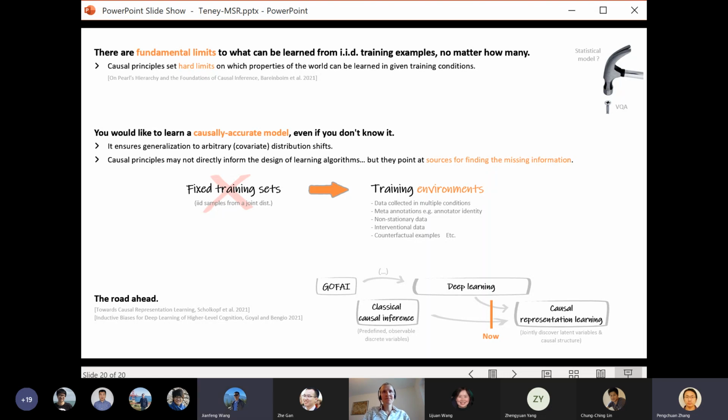So, in fact, causal representation learning is indeed very important. There are typically two approaches, at least as far as I see, to achieve this. One is that many academic people are trying to design new loss functions like environment risk minimization. There are some other loss functions to enforce causal representation learning.